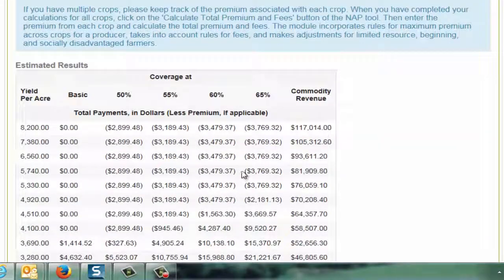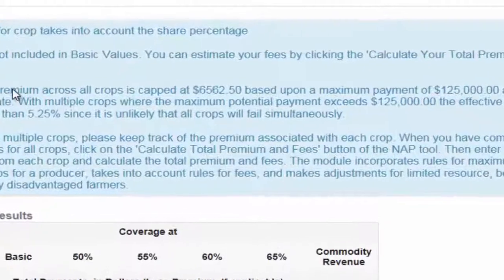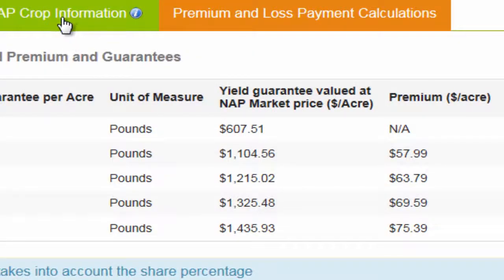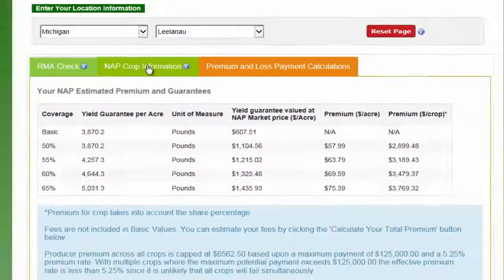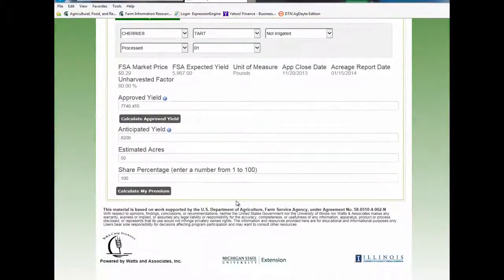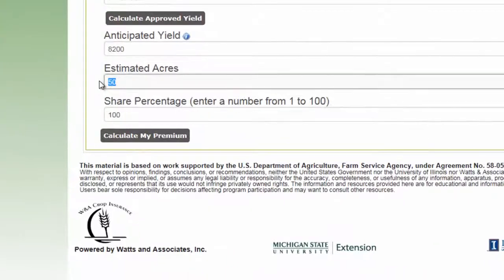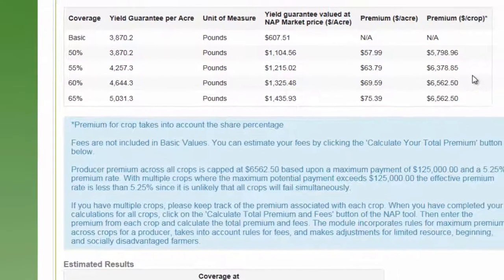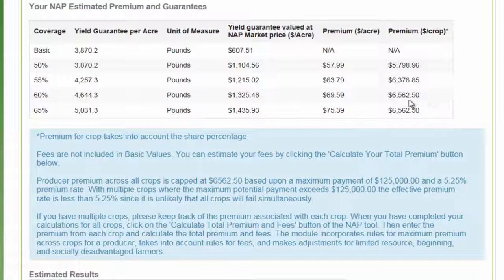A second thing that we want to show here, though, is there is a maximum premium across all crops. So let's see what it would take to hit that maximum premium for just this tart cherries. If we go back and hit NAP crop information, and we come down here, and let's say we have 100 acres. We go to calculate my premium, and you'll notice over here when you get into both the 60 and 65 that the maximum you have to pay is $6,562.50.